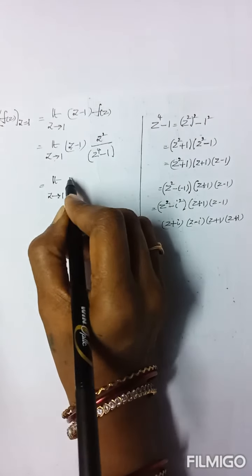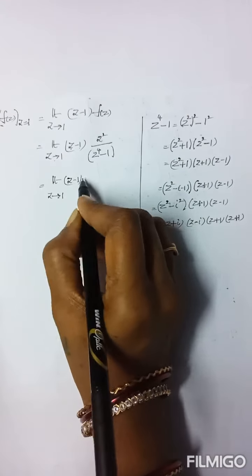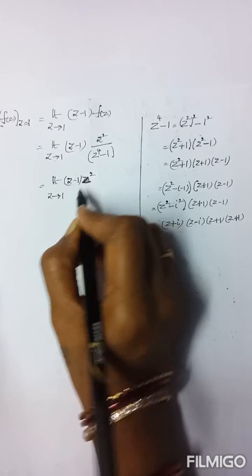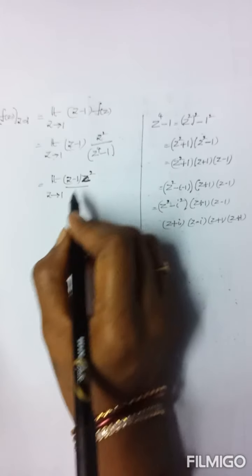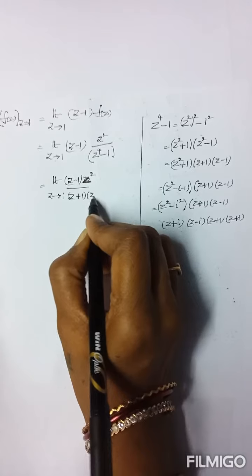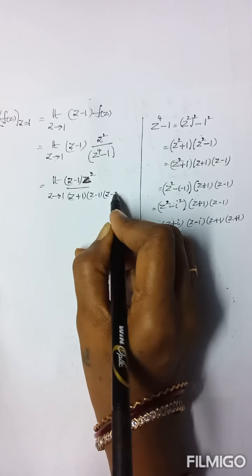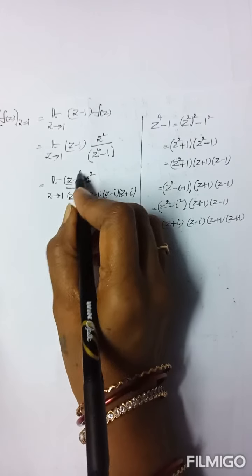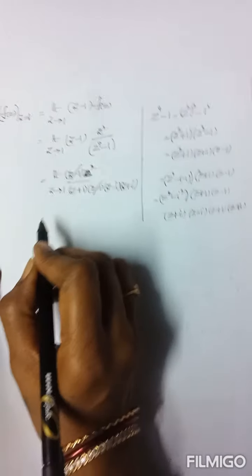Okay, now z minus 1 into z square by z power 4 minus 1, whose expansion is z plus 1 into z minus 1 into z minus i into z plus i. Now by cancellation, z minus 1 gets cancelled.